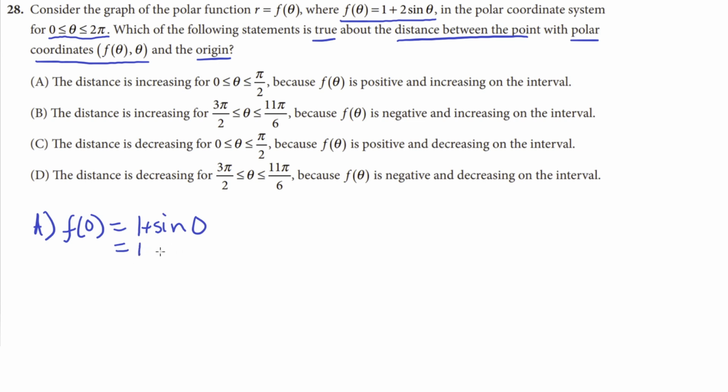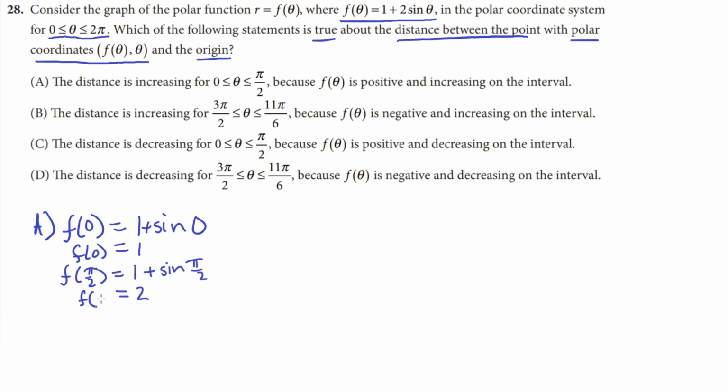That means f of 0 is 1. And then if we plug in pi by 2, which is the other end of the interval, we'll have 1 plus sine of pi by 2. And we know sine of pi by 2 from the unit circle is 1, and 1 plus 1 is just equal to 2.